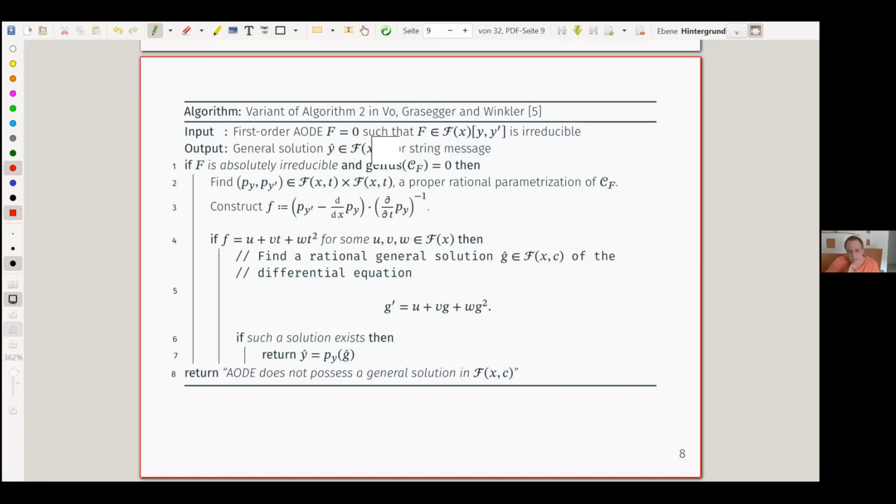All right, so much for the introduction. And what I will show you today is that we can actually generalize this type of algorithm.